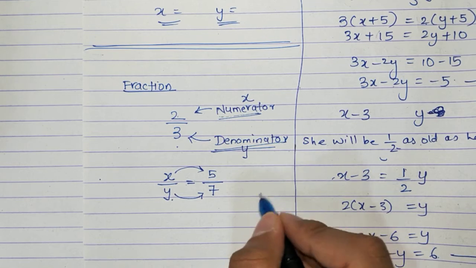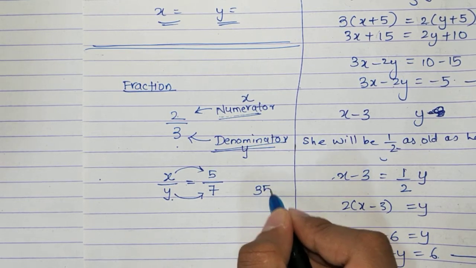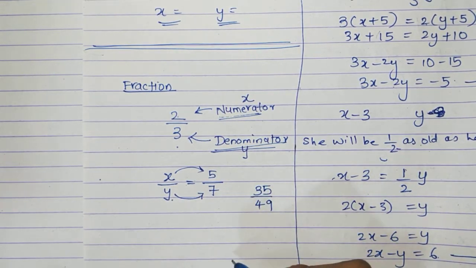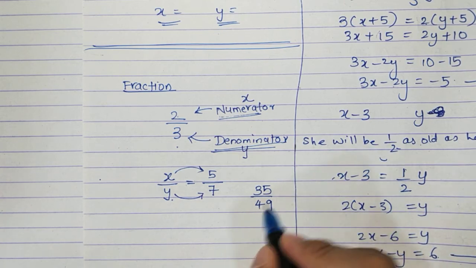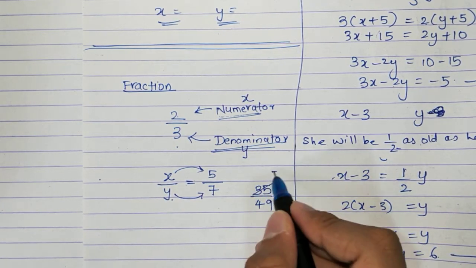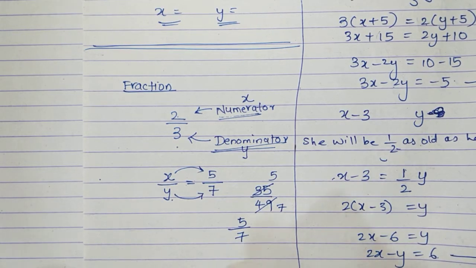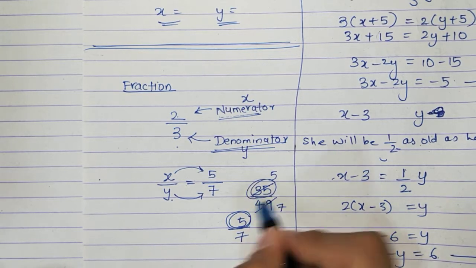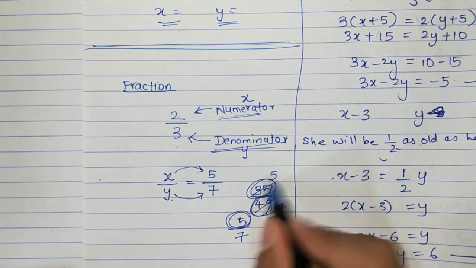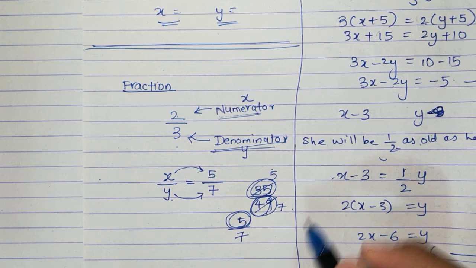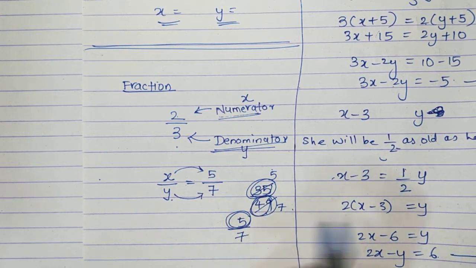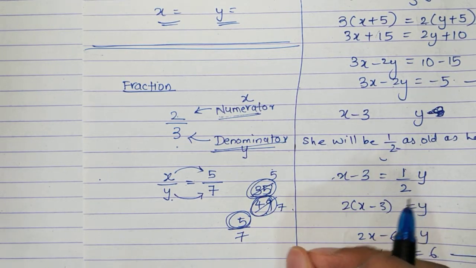For example, if you have the numbers 35 upon 49, what will the fraction be? You will cancel it: 7 5s are 35, 7 7s are 49. You will get the fraction as 5 upon 7. Does it mean the actual number was 5? No, the actual number was 35 and 49. After cancellation it became 5 upon 7. So a fraction is the reduced form.